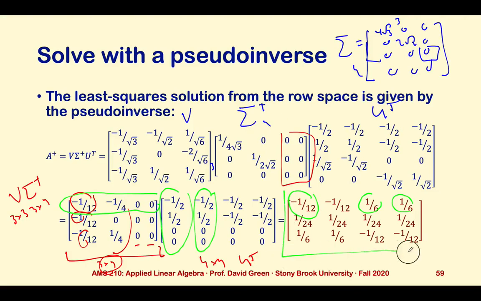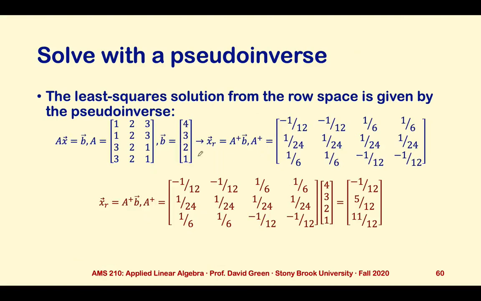So we have our pseudo-inverse A plus written here. Once we have that, we can plug that in to find our least squares solution from the row space, multiplying this matrix by B, 4, 3, 2, 1.